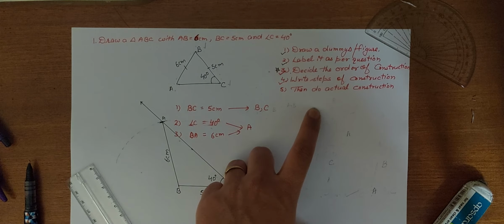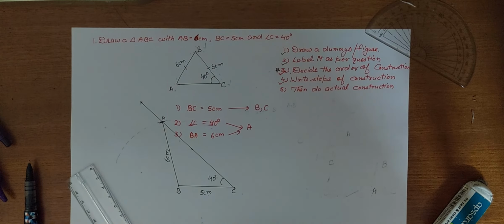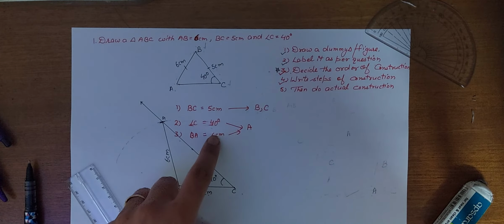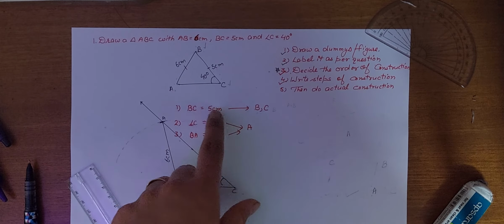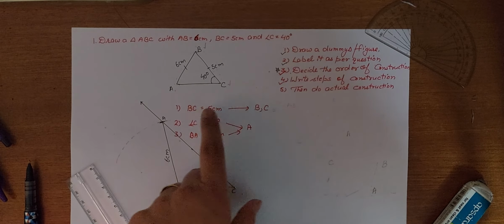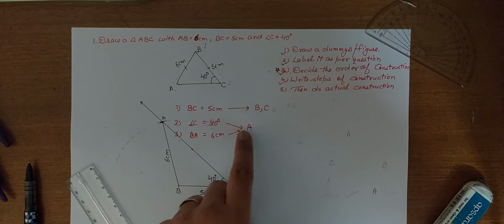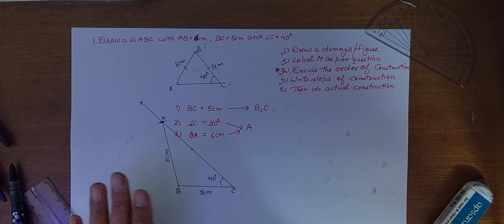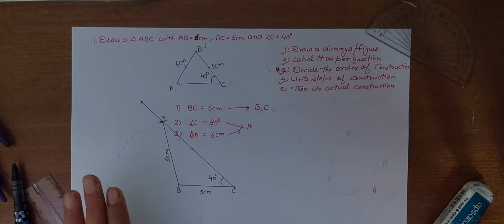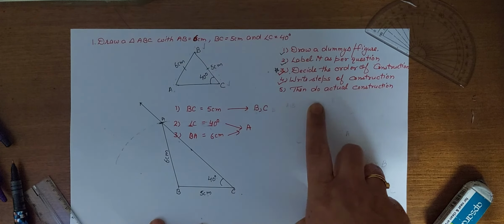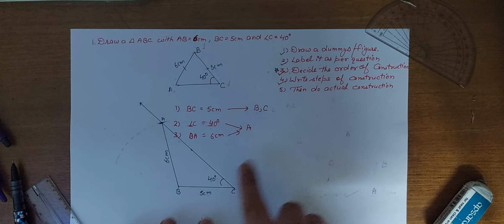But after that, for every single vertex, we need two more measures. Meaning we drew BC 5 centimeter, B and C came into the scene. Both came from the same measure, but for the third vertex we need two more measures. So this is all about construction. Please follow these steps properly.